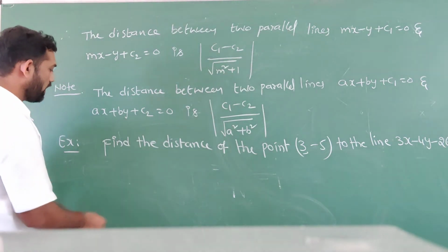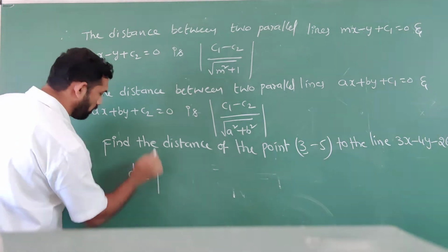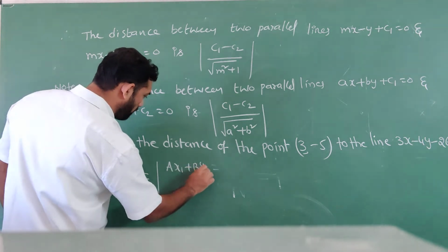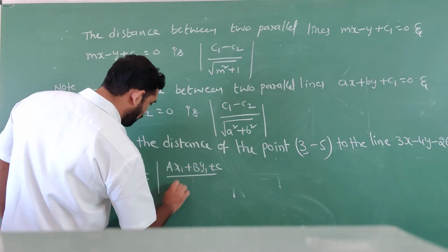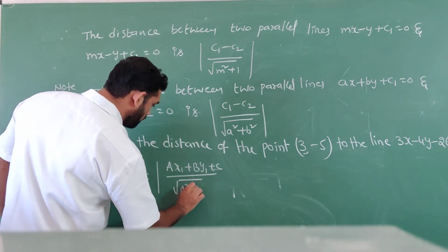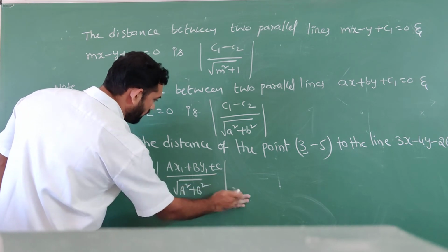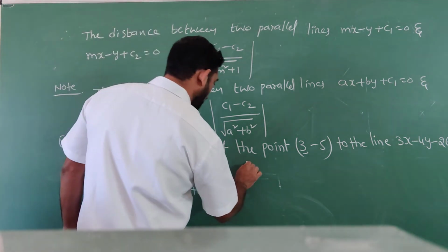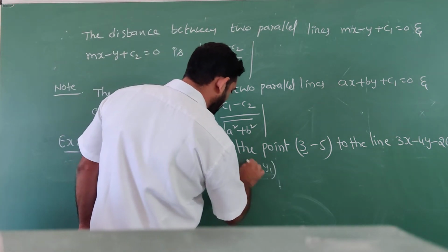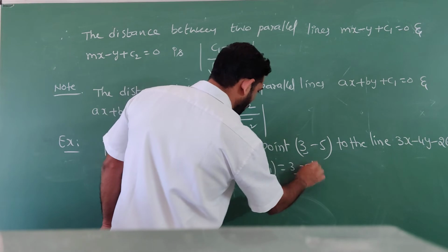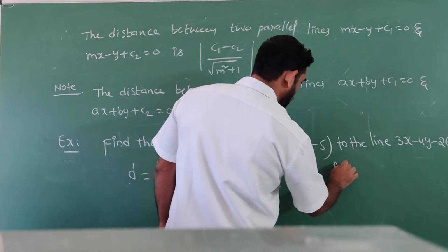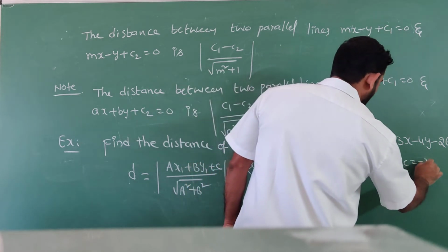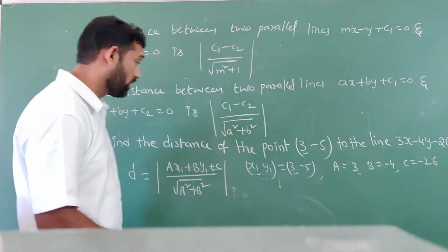We already know the distance formula, d is equal to modulus of ax1 plus by1 plus c divided by root over a square plus b square. Here x1 comma y1 is 3 comma minus 5, a is 3, b is minus 4, c is minus 26. You substitute all the values.